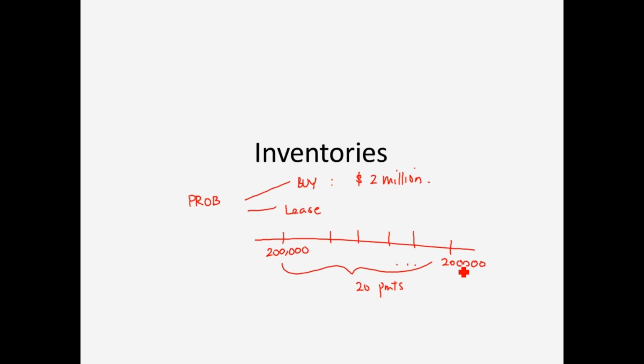But is $4 million over 20 years worth more or less than $2 million right now? So what do I do? What kind of problem is that? Straight up annuity, is it due or is it an ordinary annuity? It's due, right? So this is just an ordinary annuity.